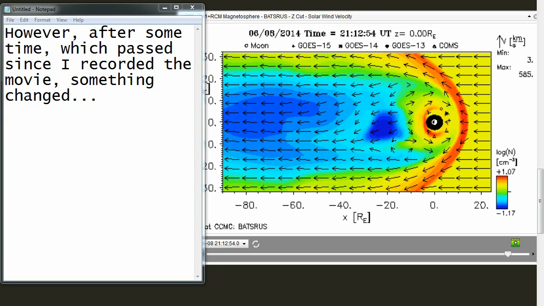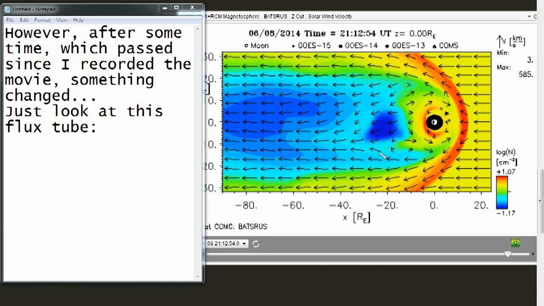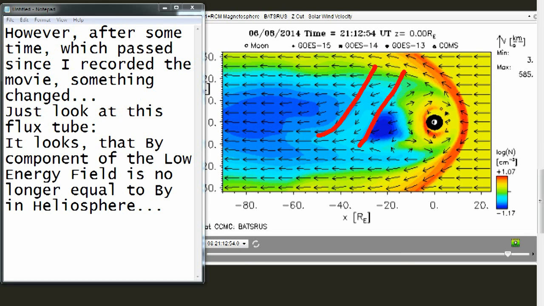However, after some time which passed since I recorded the movie, something changed. Just look at this flux tube. It looks like the By component of the low energy field is no longer equal to the By in the heliosphere.